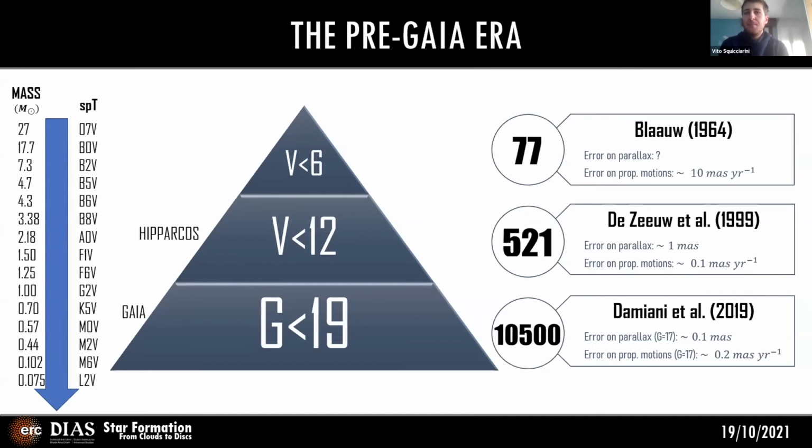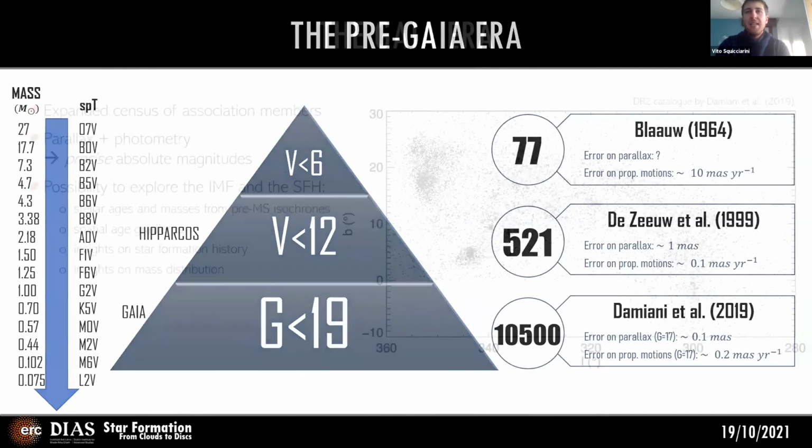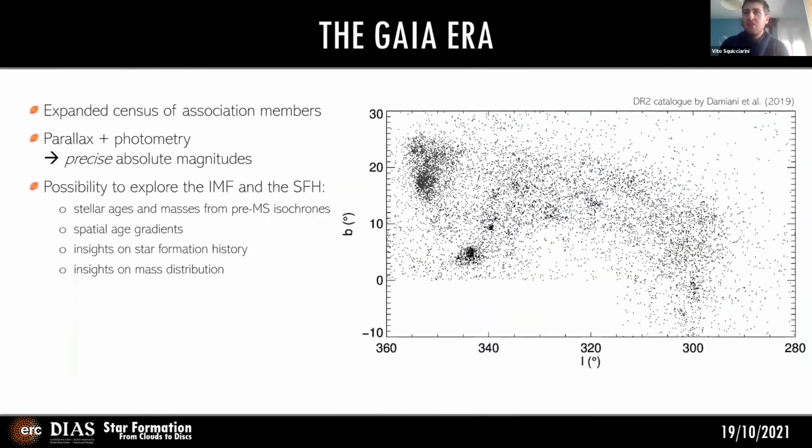And the more recent catalog based on Gaia DR2 of this association comprises some 10,000 real members. So here it is, the catalog on the right by Damiani et al. And you can see that we now have an expanded, complete census of the association members.